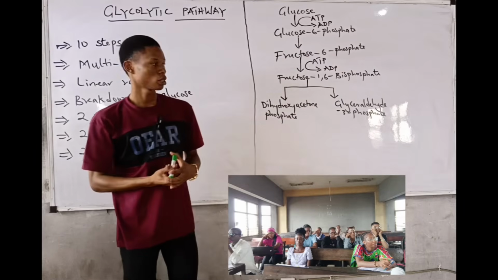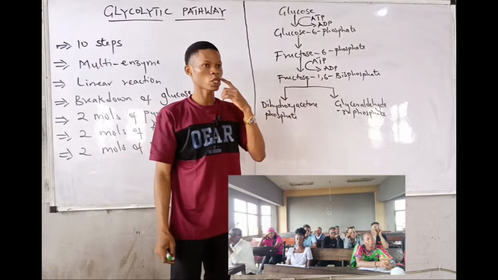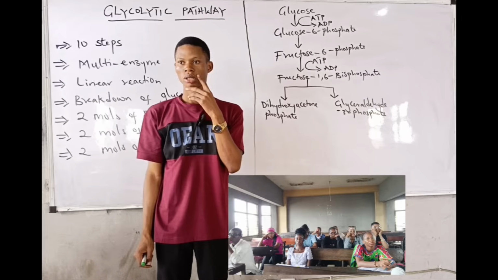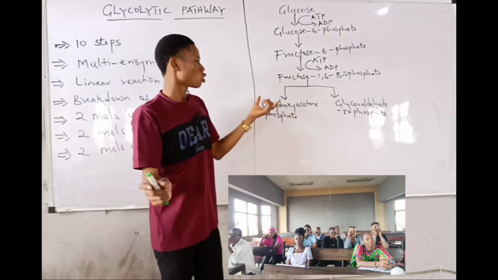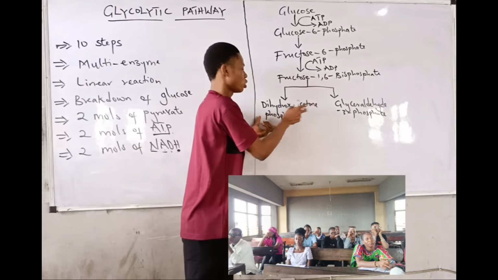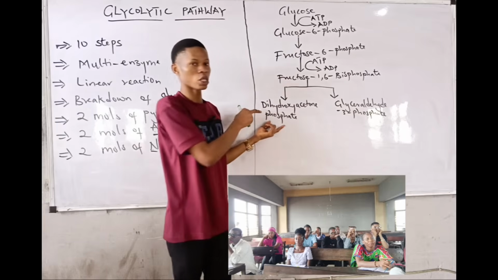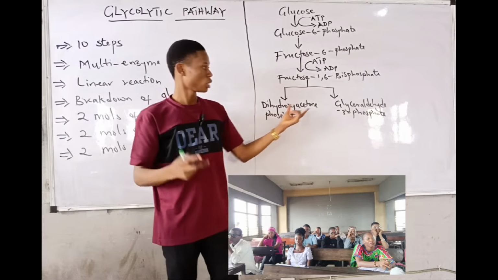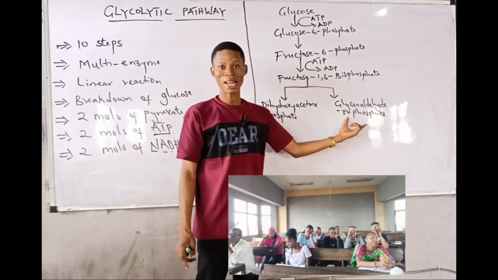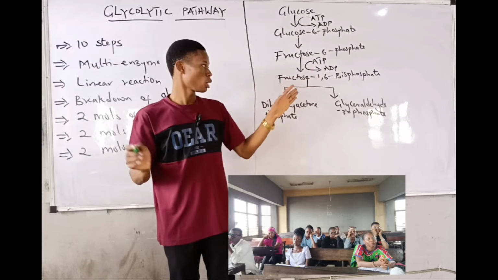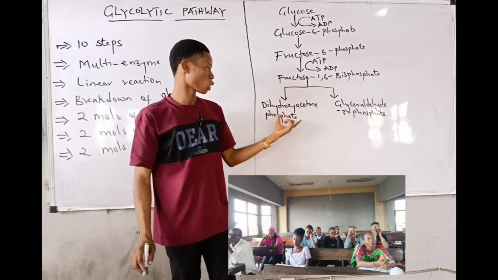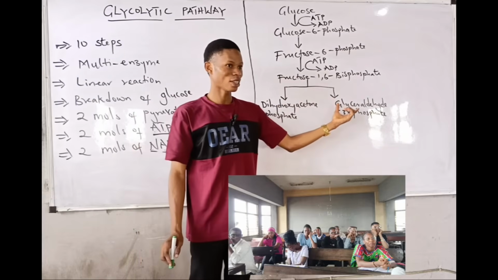Now look at this. Fructose 1,6-bisphosphate is how many carbons? 6 carbons, right? Now it is broken down to 2 molecules. Dihydroxyacetone phosphate is 3 carbons, and this one is 3 carbons also, to give us a complete 6 carbons. So we've not given out anything.